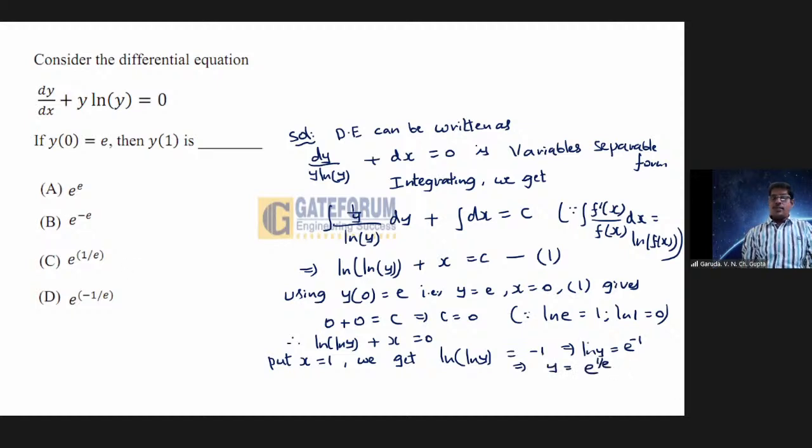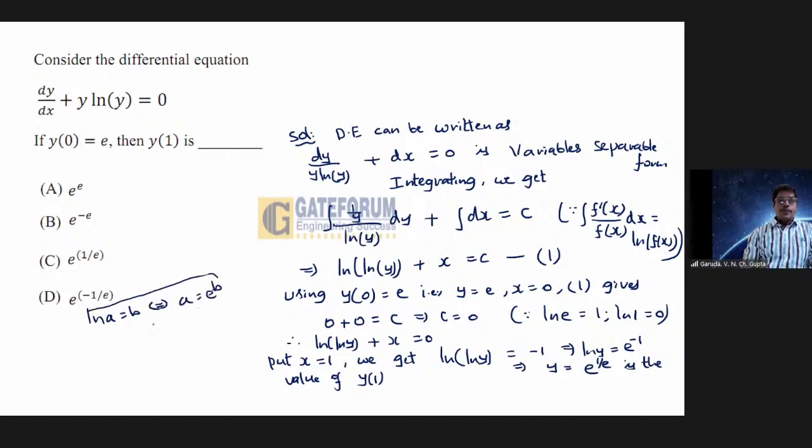So this is the value of y of 1. Log a is equal to b implies, and is implied by, a is equal to e to the power b. This is the definition from basic logarithms. So the answer is option C.